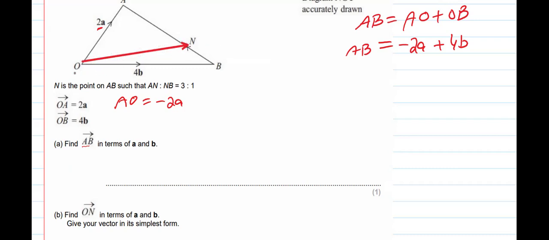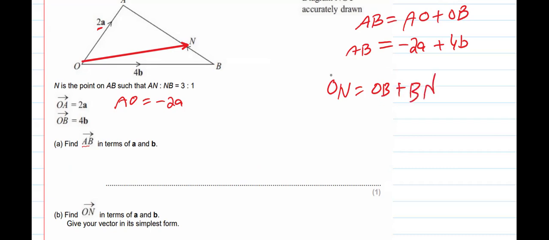This is ON, starting from O till N. If I have to find that, how would I do that? I can go OB plus BN. So ON can be OB plus BN.